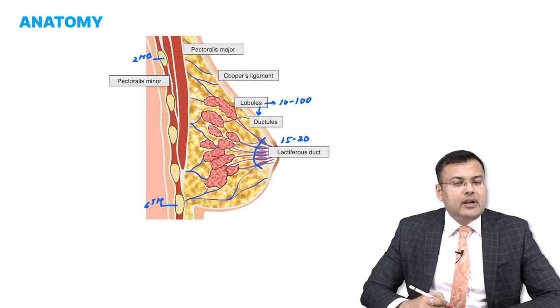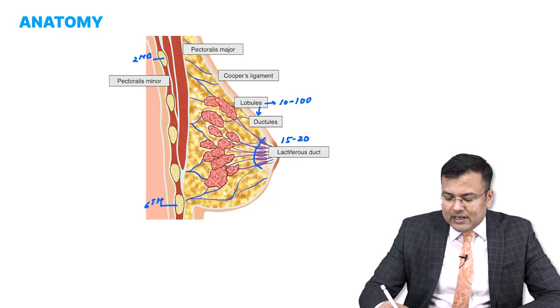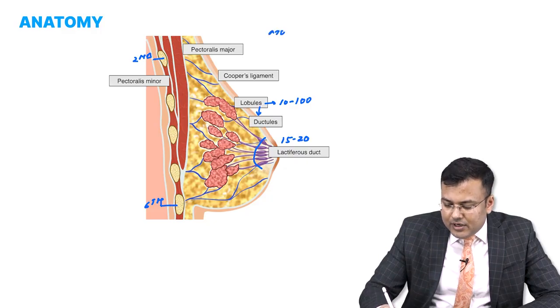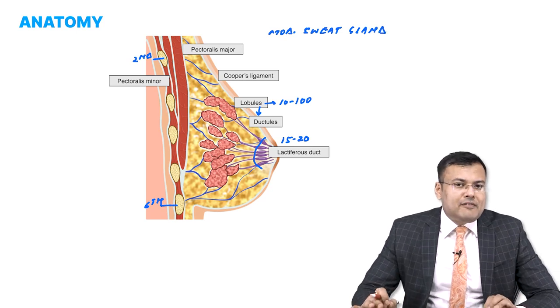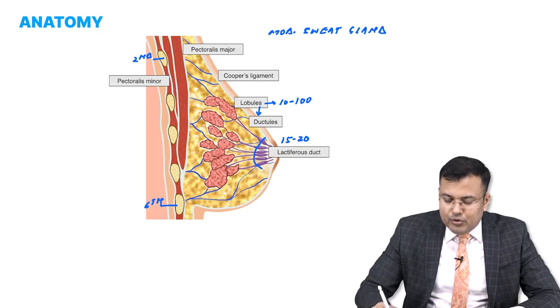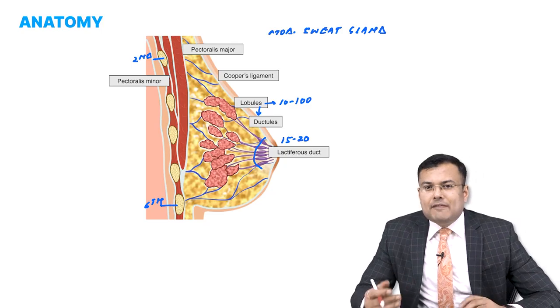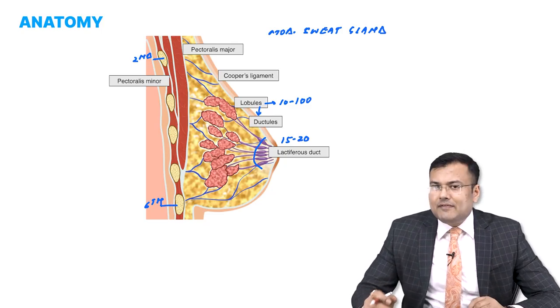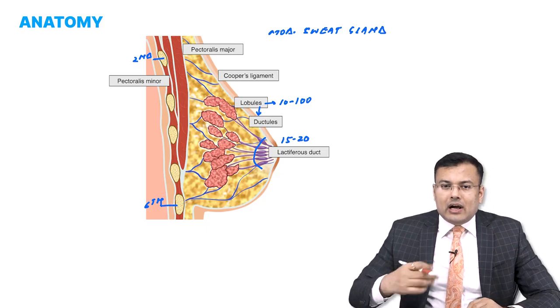From top to bottom, it is second to sixth rib, and we discussed that breast is a modified sweat gland. And I'm repeating an important point, the basic structural unit of mammary gland is the breast lobule. 10 to 100 breast lobules are going to empty into ductule, and finally it is going to empty into lactiferous duct. Clear?